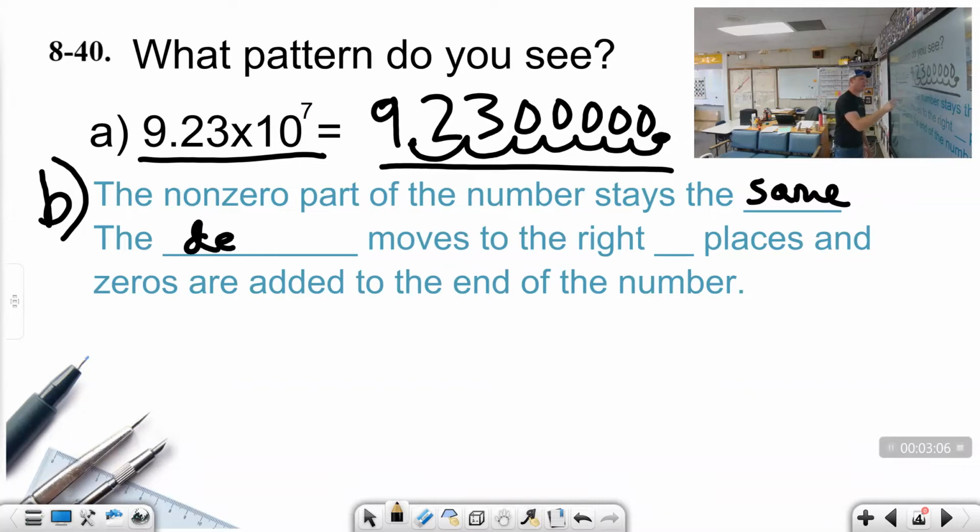The decimal moves to the right 7 places, and zeros are added at the end of the number. Okay? This is how scientific notation works. It's focusing on the non-zero numbers, but because we're in base 10, we're looking at, okay, how many spaces did that decimal place move?